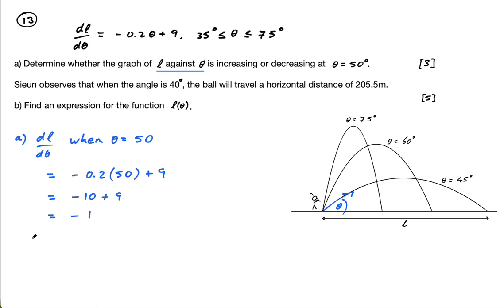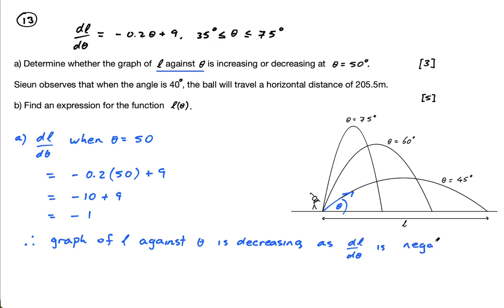If the derivative is negative, therefore, the graph of L against theta is decreasing. You can write, if you want, dL/dθ is negative. Okay, that's the first part.